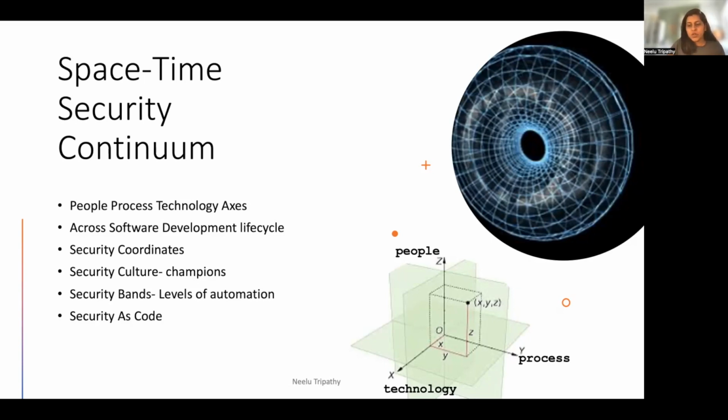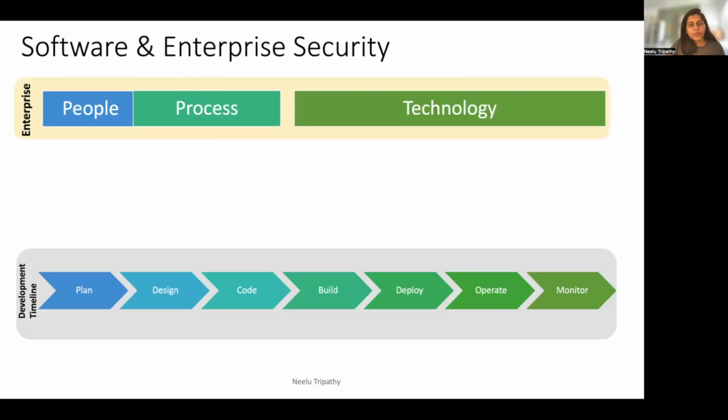So you have the people, process, and technology aspects, and then you have the timeline. Here I'm considering the timeline with respect to the plan, design, code DevOps loop that we always see, and you can think of everything else aligned with that.